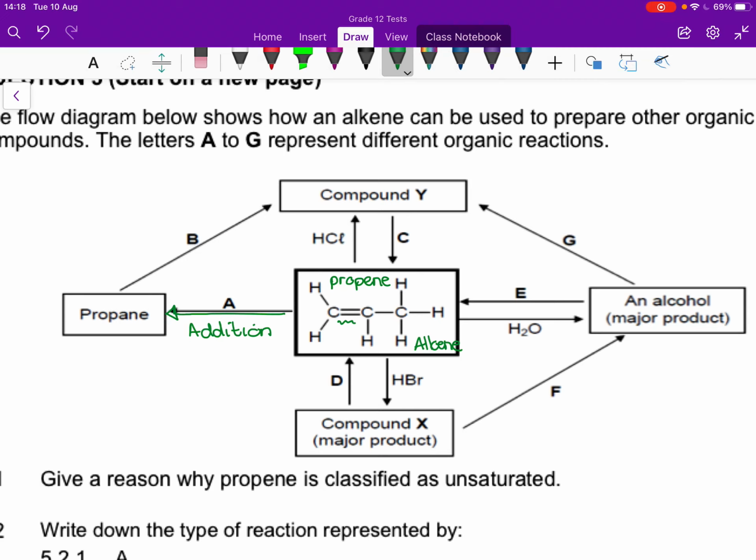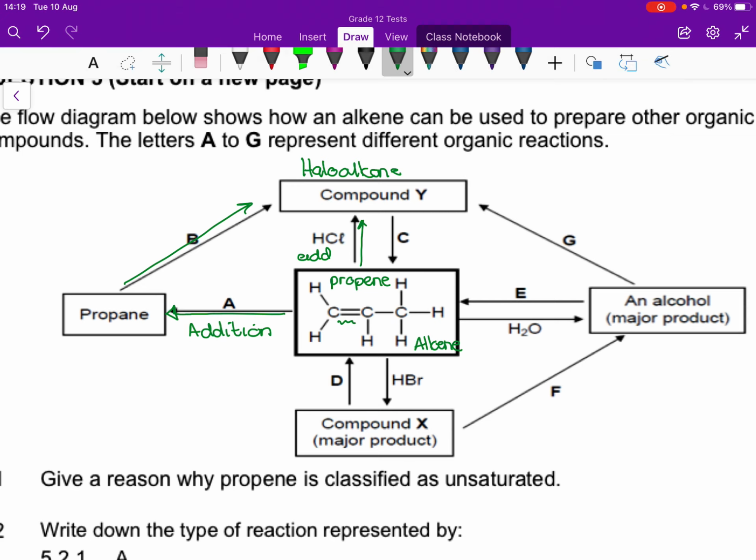Then they go from propane, it becomes compound Y. And now we've got to have an idea, what is compound Y? Well, they give us a hint because they also say propene is added to HCl. So first of all, that's also an addition reaction, but by adding the HCl, it's going to turn into a haloalkane. And actually, the double bond's going to break.